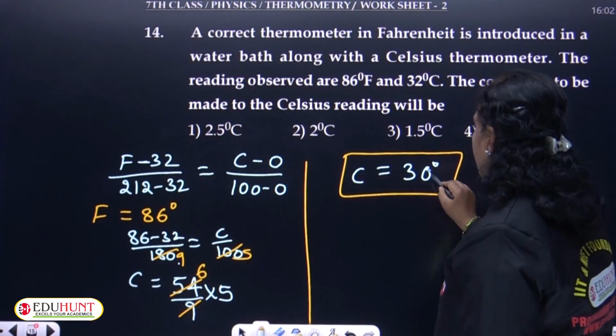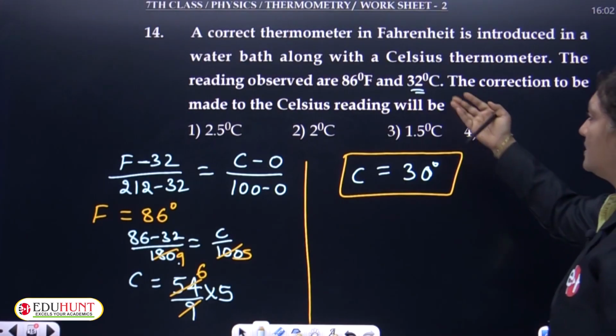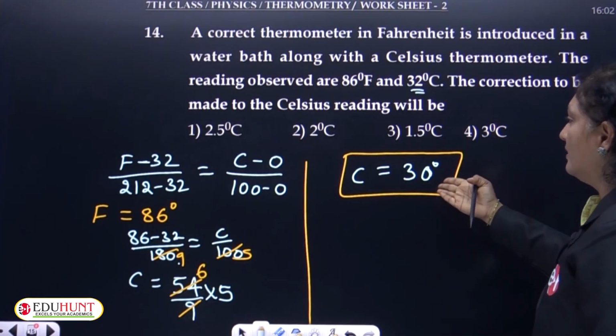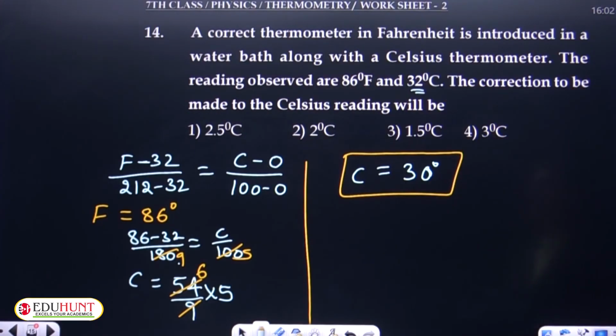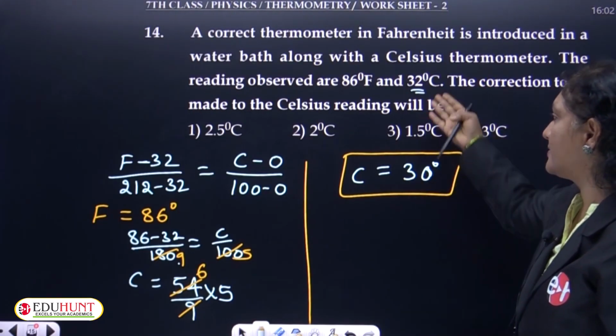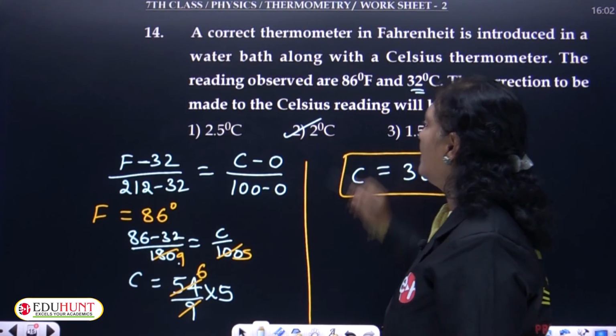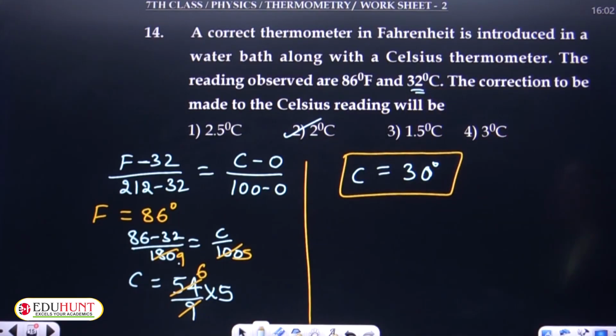But what does this thermometer show? 32 degrees. The given is 32 degrees and the reading that should show is 30 degrees. So what must be the difference between the given scale and the original scale? It must be 2 degrees Celsius. So it must be corrected by 2 degrees Celsius. 32 minus 30 is a 2 degrees Celsius difference.